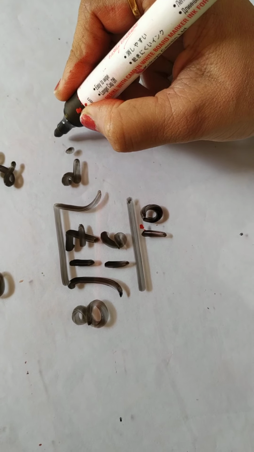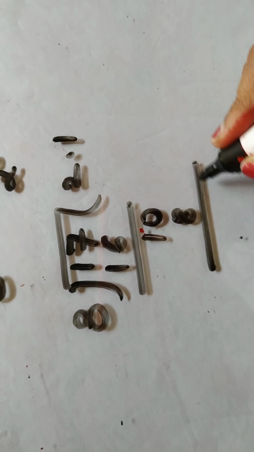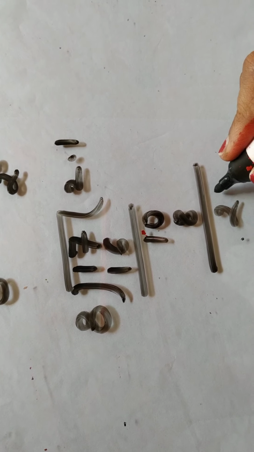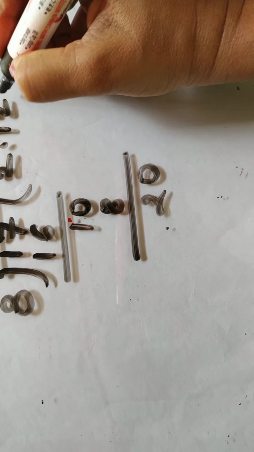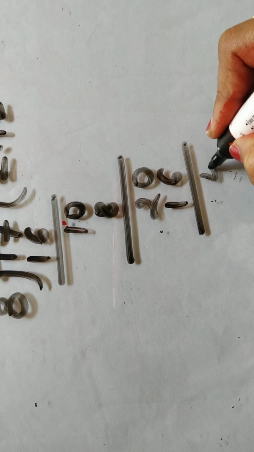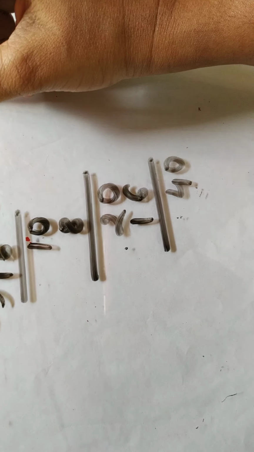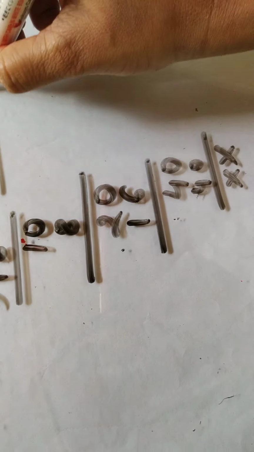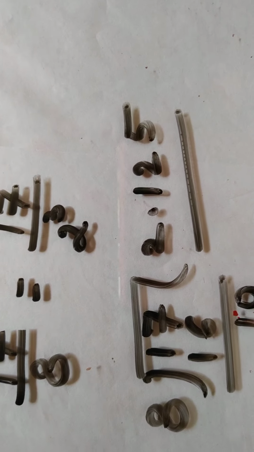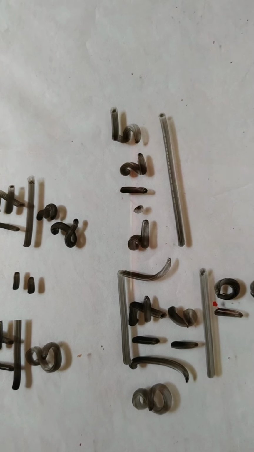Now 8 1s are 8, 2 is remaining. Now we put again a 0, so 8 2s are 16, 4 is remaining. Now again 0, 8 5s are 40. Now nothing is remaining, so our division result is 2.125. It is terminating.